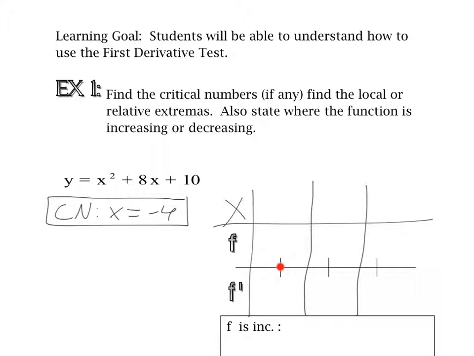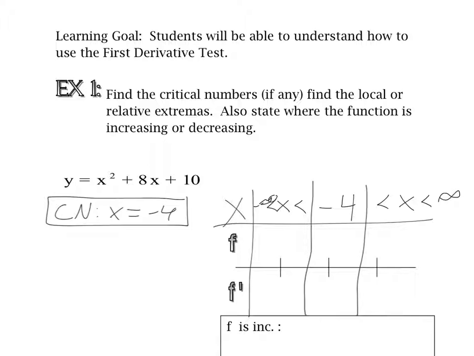You can ignore these little hashes here, because what you want to put in the center is your critical number. This one just has 1, so it's relatively simple. So we just have negative 4. Then we want to think about values of x that come after negative 4, and for this one it's all the way to positive infinity, and values that come before negative 4, all the way to negative infinity. That's an infinity sign.